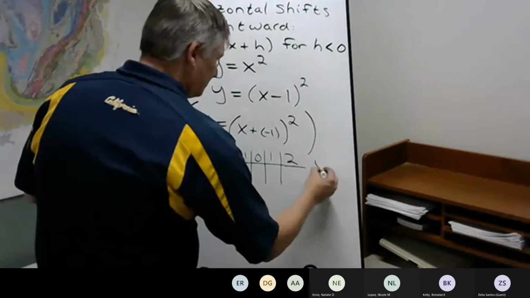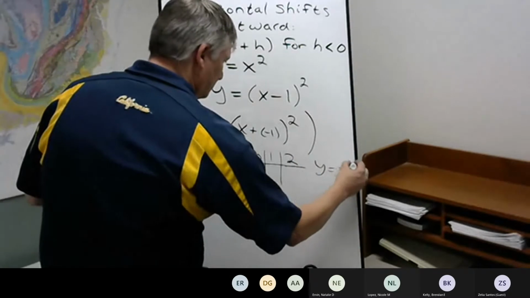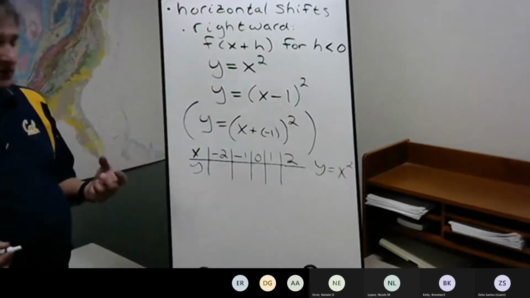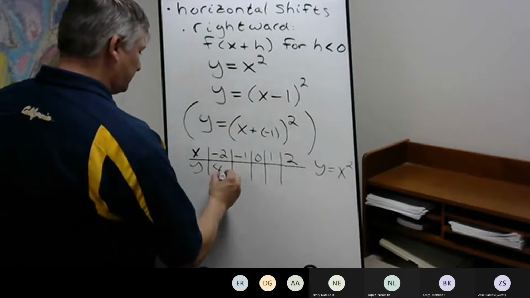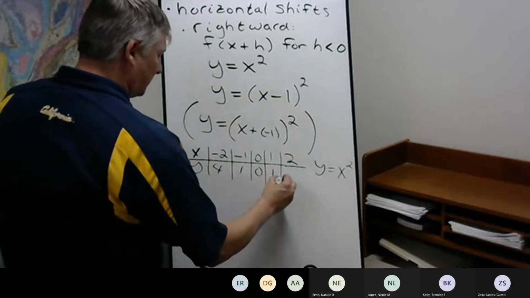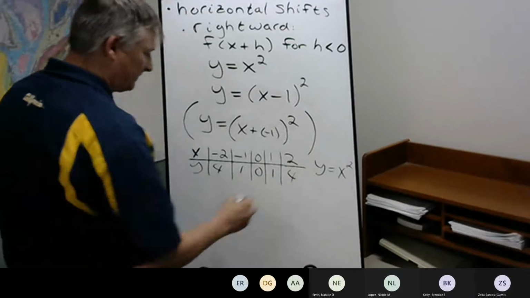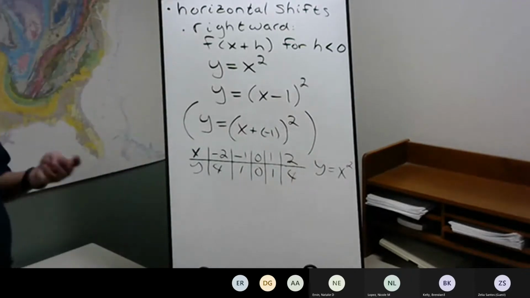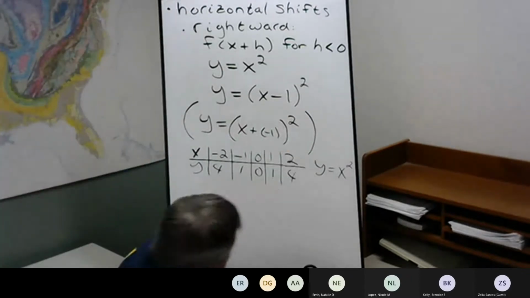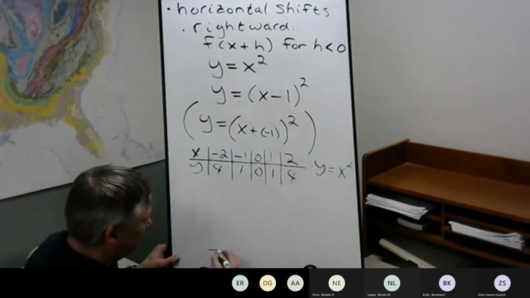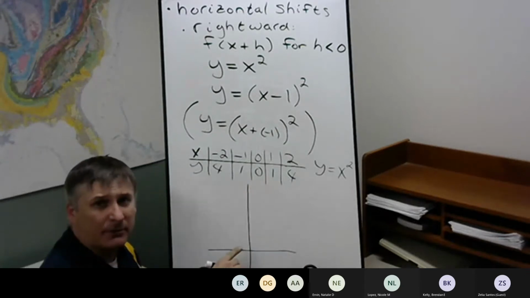So square these x values. We have 4, 1, 0, 1, and 4. So if we graph this, and if you can't see down here, just let me know.